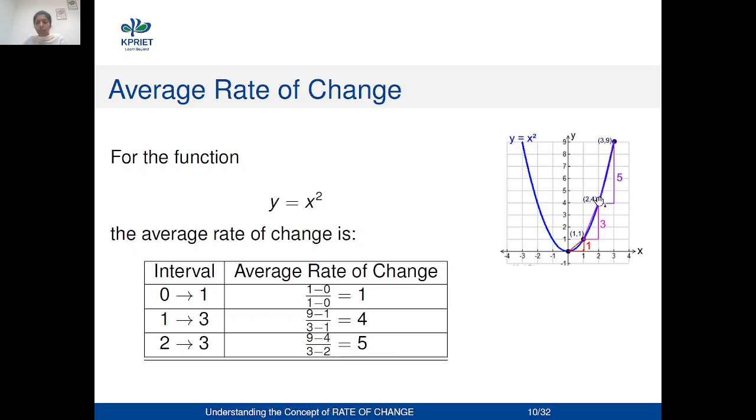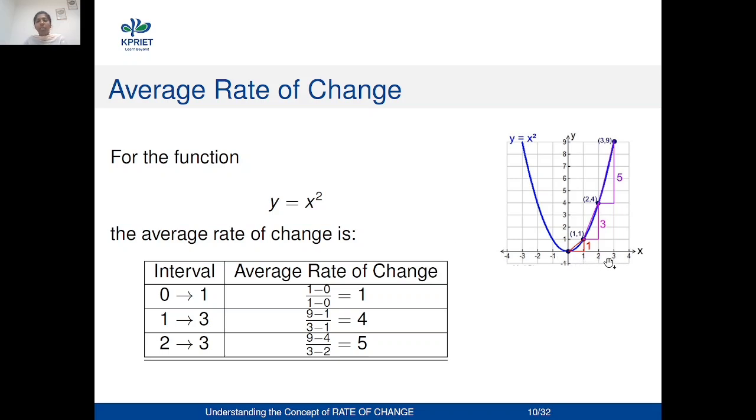So I have to consider from 4 to 9. Since I want to consider one jump as 1 unit, here is the first jump, second jump, third jump, fourth jump, fifth jump. So that is the observation we are having here, which means this is the exact rate of change. That is how many units you are moving in the run.